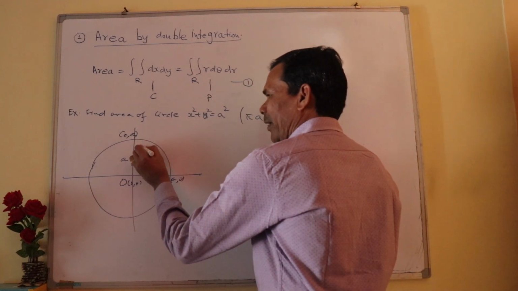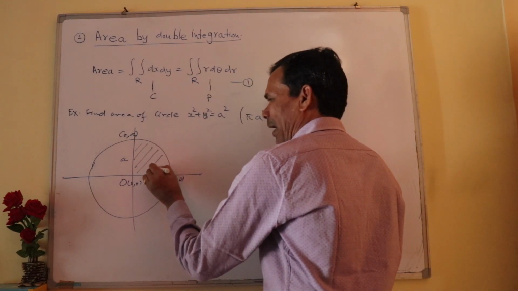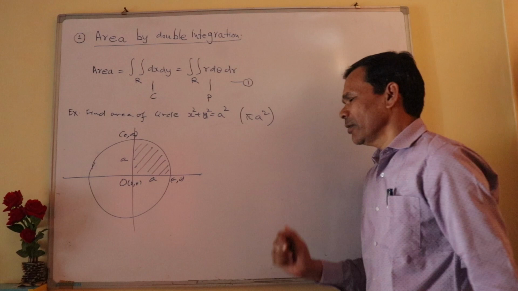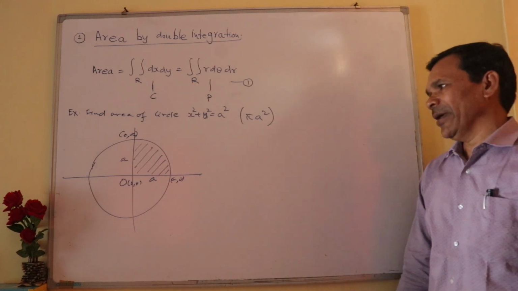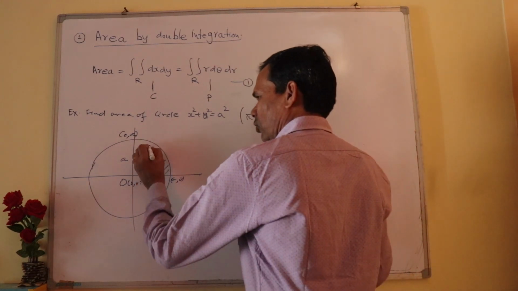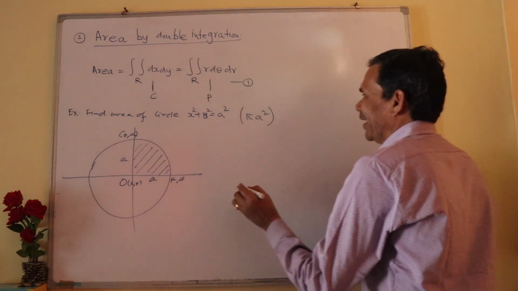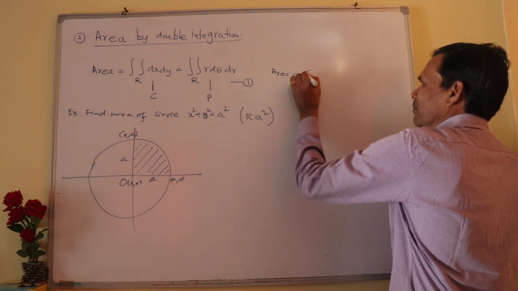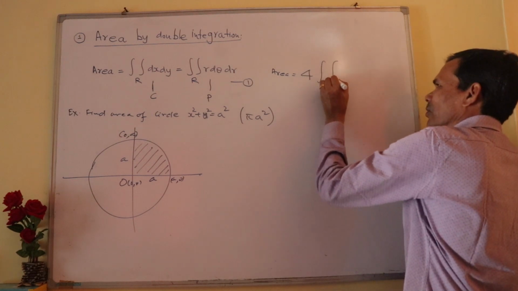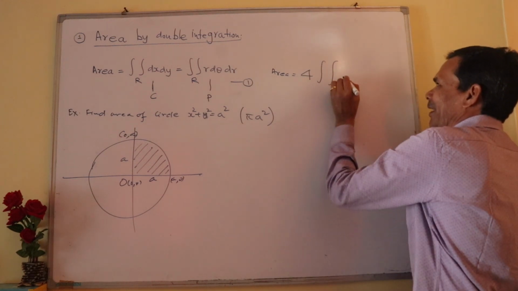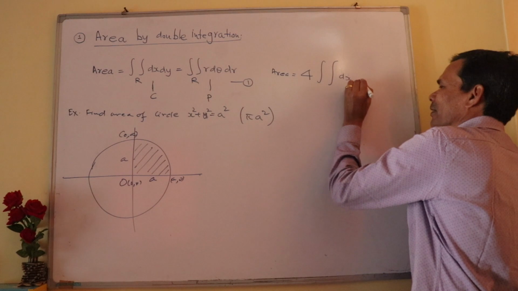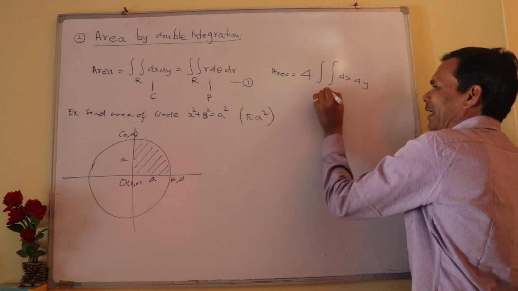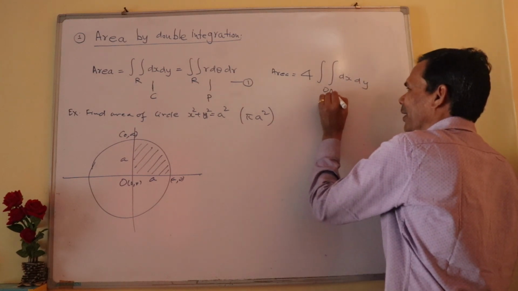I can find out area of this part of the circle located in the positive quadrant and make it 4 times. So area of the circle is equal to 4 times area dx dy of the quadrant OAB.